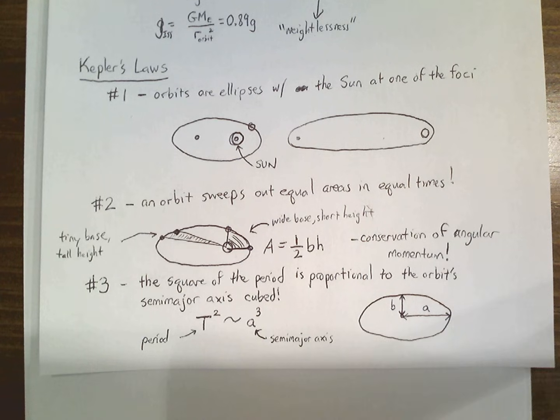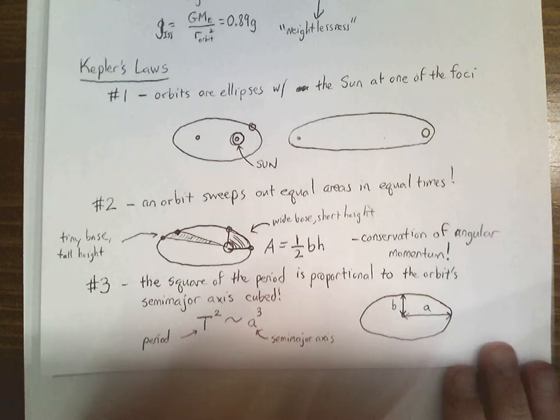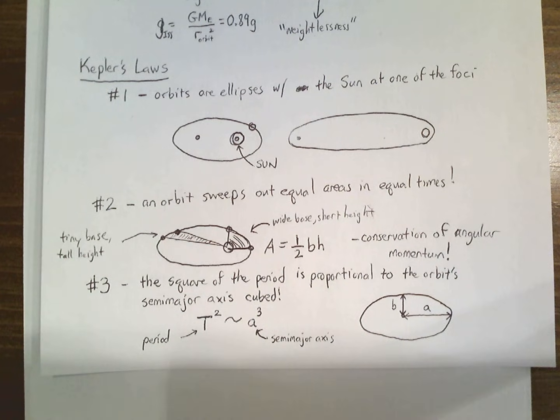It's along the long side of the ellipse. The semi-major axis is kind of the long half distance of the radius. Semi means half, major means big, so this is the axis that points halfway across the big side of the oval. It's the radius, but not all radii are equal in an ellipse, so we're looking at the biggest one.